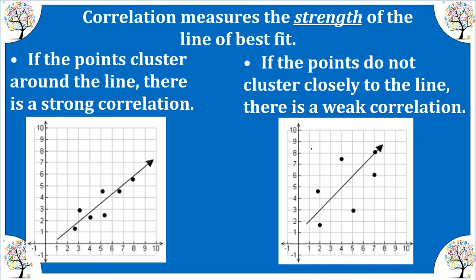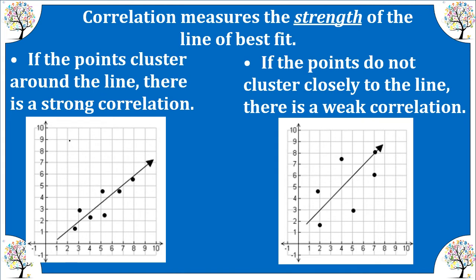In our next example, it still is showing a positive. We can see the data points showing a positive increase going from left to right, but we can see they're scattered a little bit more and they're not clustered close together as in our example on the left. So we would describe this as a weak correlation.